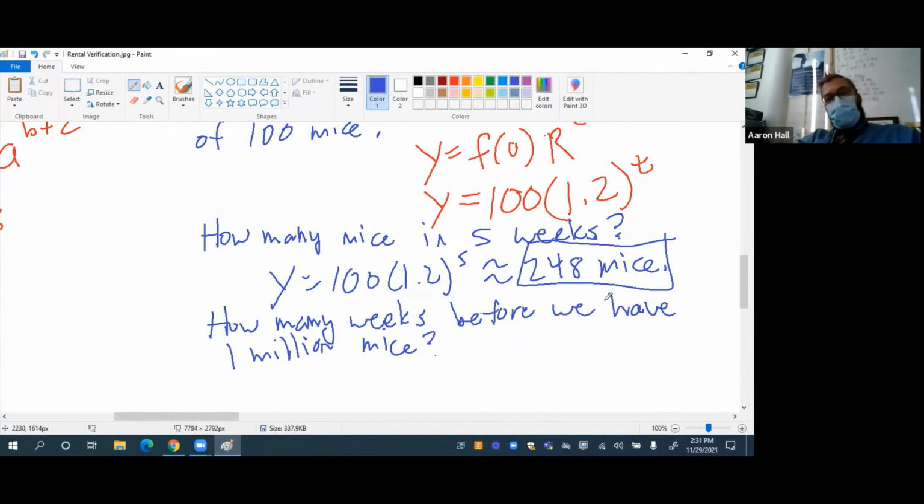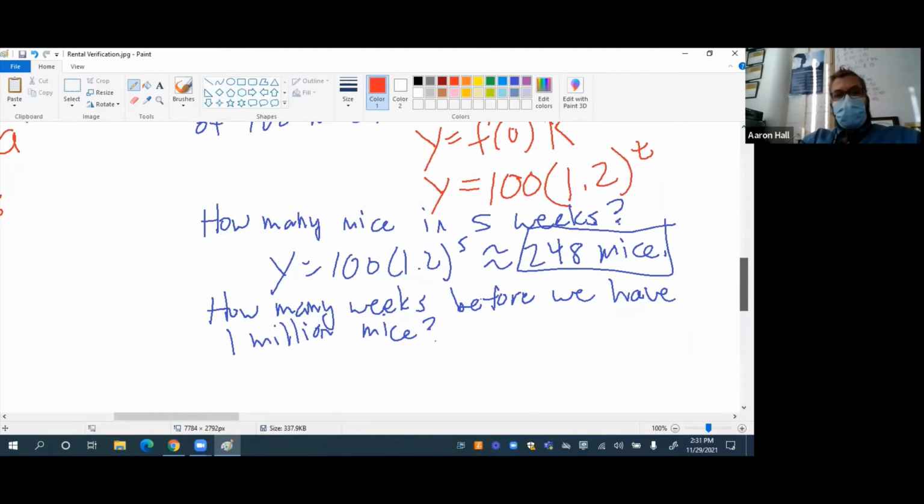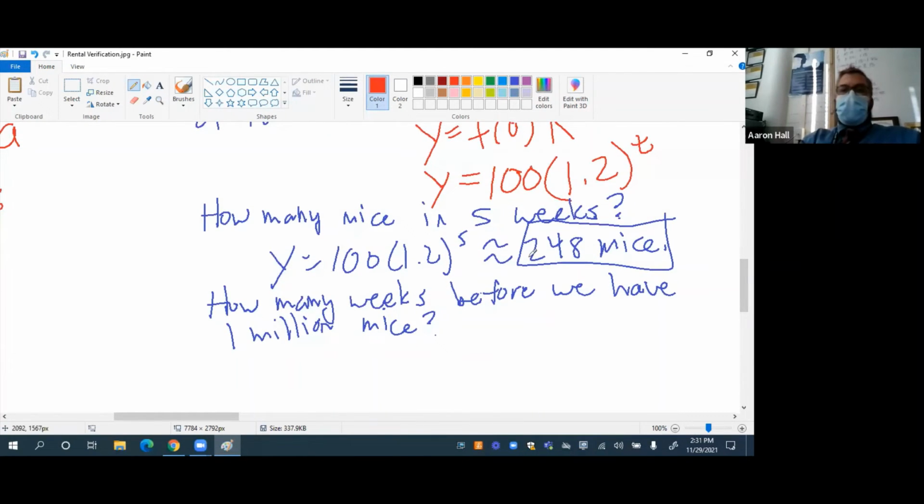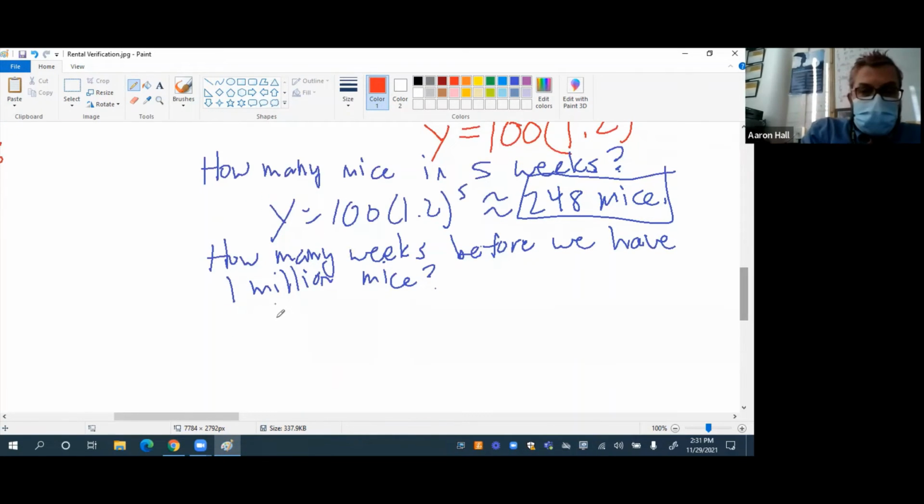How many weeks before we have 1 million mice? We could do a guess and check. How would we do it without a guess and check? Yeah, we make y equal to 1 million.